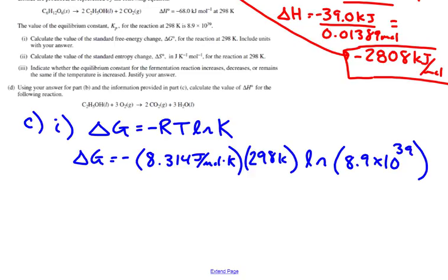You can definitely have a little variance with that. Like negative 228, like 228,000, something like that.